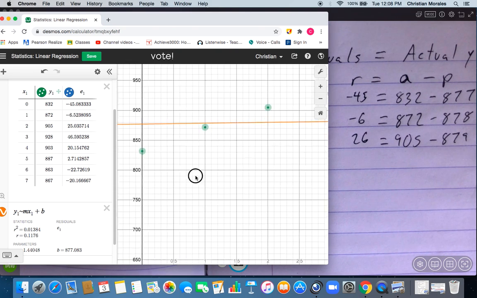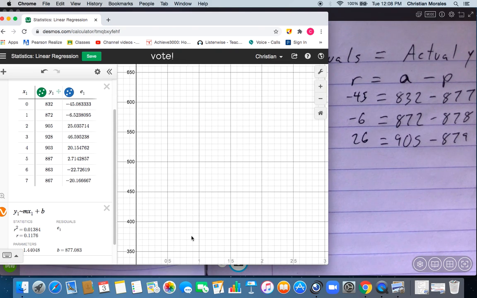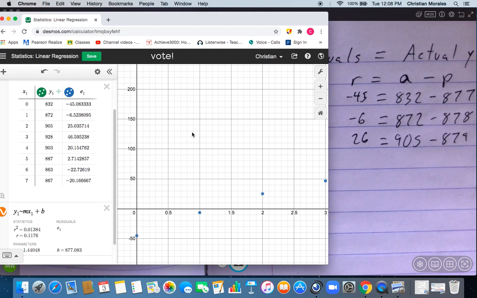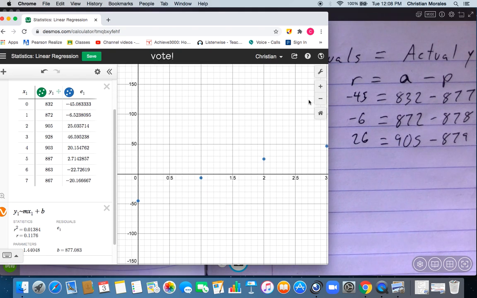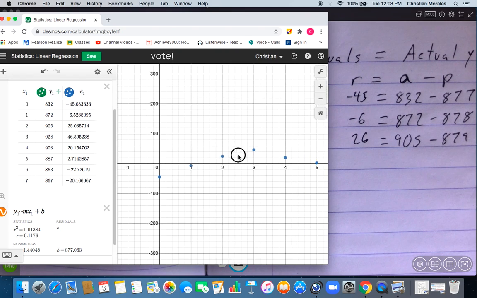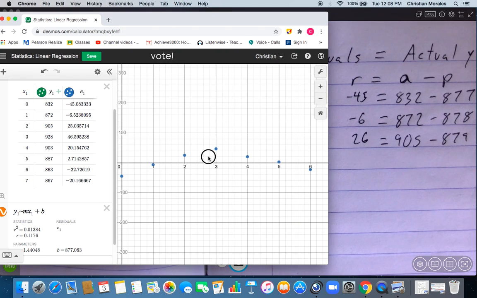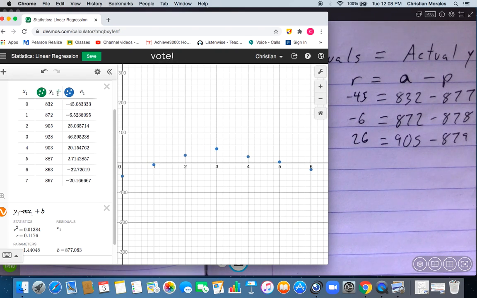Now I should also show you this before we move on. If I go down here back to 0, this is called a residual plot. Let me zoom out a little bit. This is a graph of those residuals. So imagine if I ignored the y's and I just focus on the residuals. What was the residual at 0? Negative 45. What was the residual at 1?